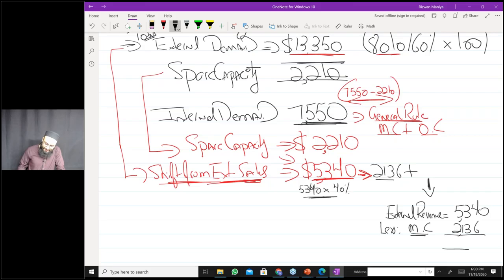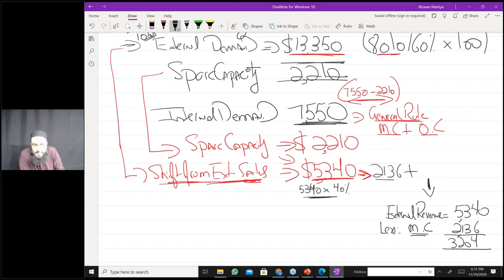Which means if I sell this in the external market for 5340, and deduct my marginal cost of 2136, can anyone of you tell me the difference here? The difference is 3240, right?